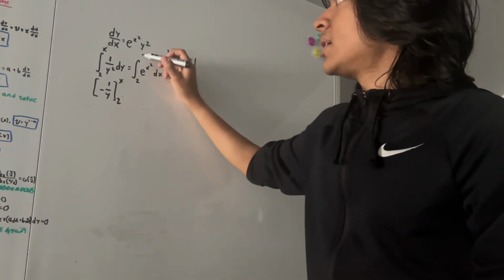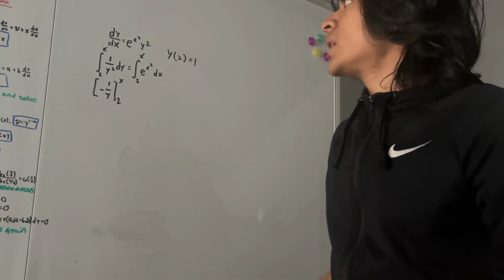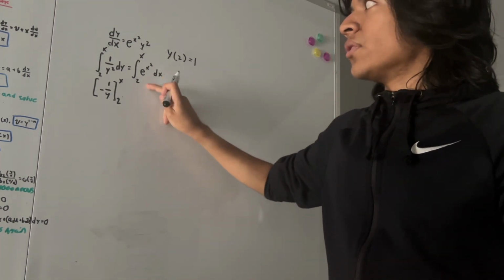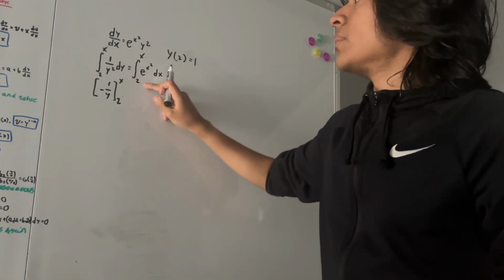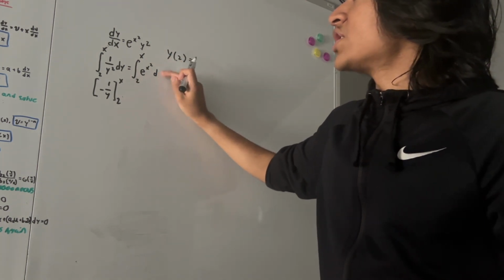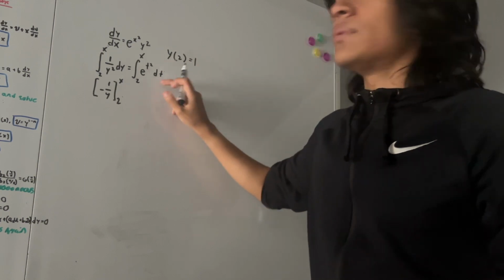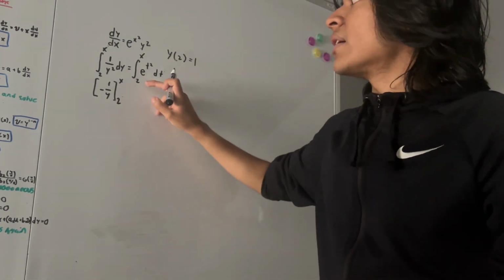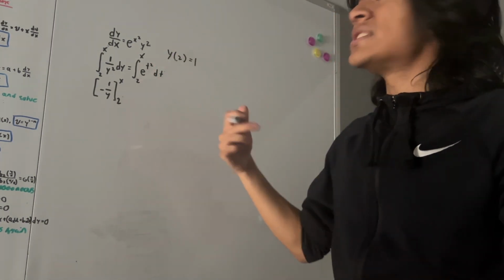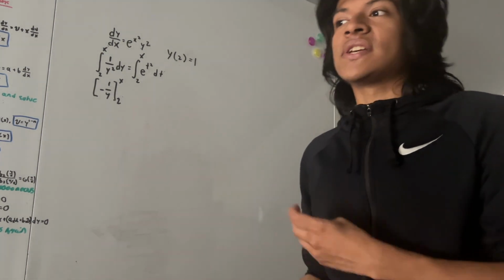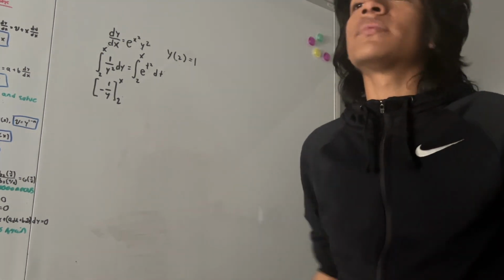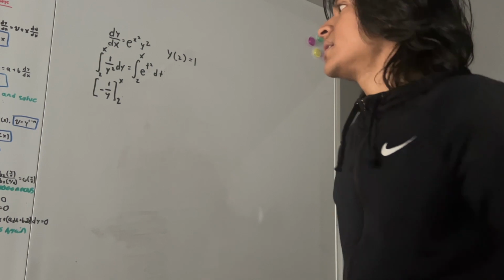The left side is just the same. However, for the right side, from 2 to x, I'm going to change the x inside the integration into a t, so that it's a bit less confusing, because when you're going from 2 to x of e to the x squared dx, it gets a bit mushed up and looks a bit weird.